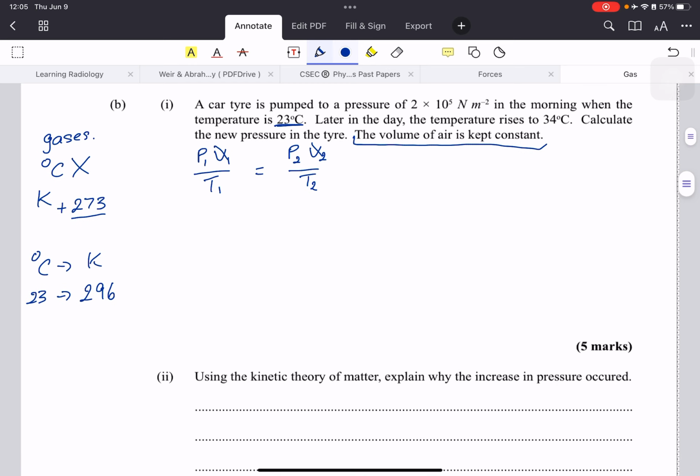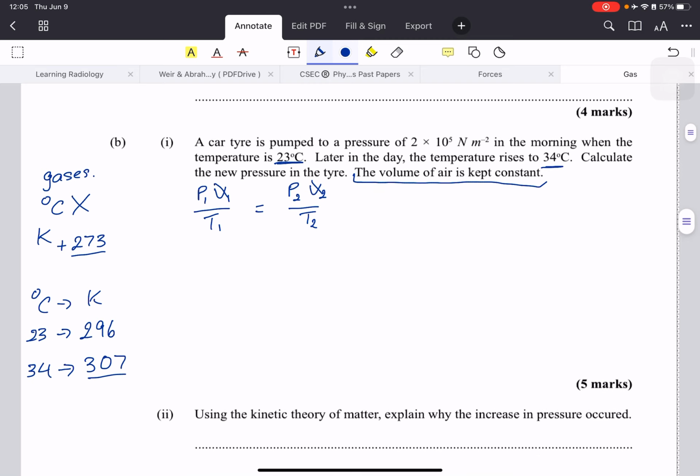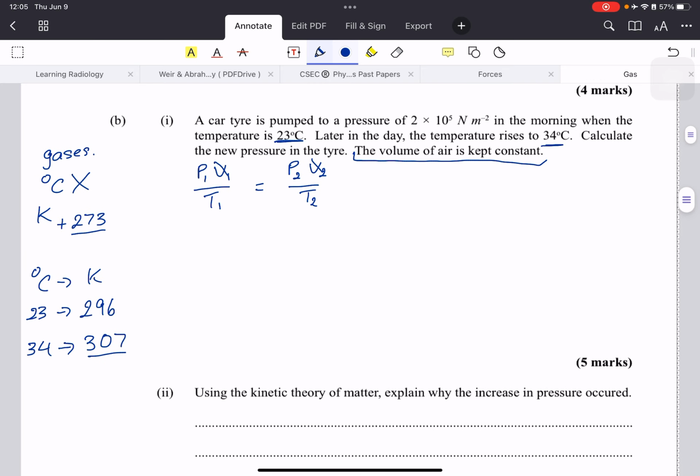And later in the day, the 34, that will be 273 plus 34, and that'll be 307 Kelvin. So now we will use the Kelvin values for the temperature.